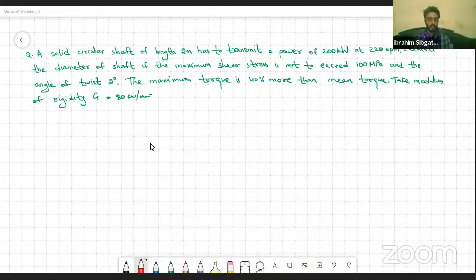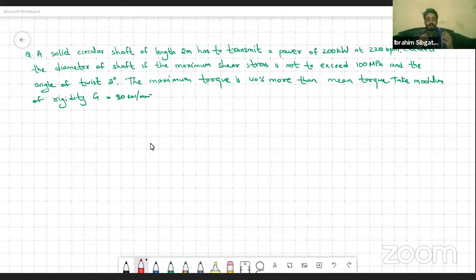A solid circular shaft of length 2 meters has to transmit a power of 200 kilowatts at 220 rpm. So what exactly does this sentence mean? It means that there is a solid circular shaft whose length is 2 meters.